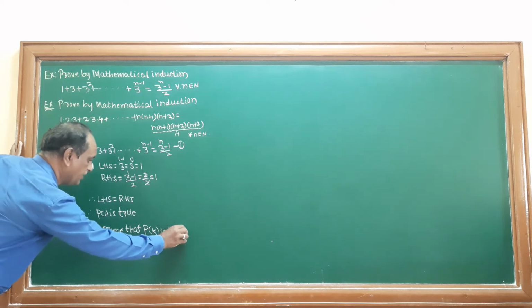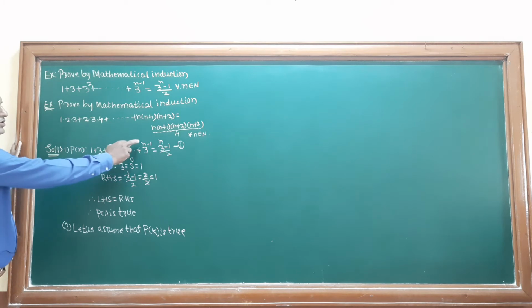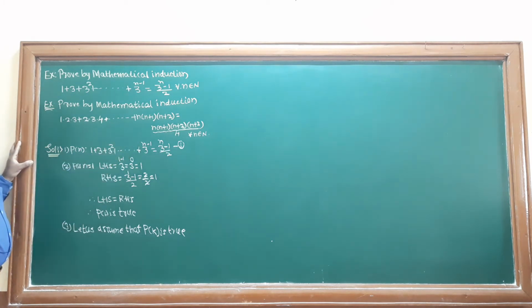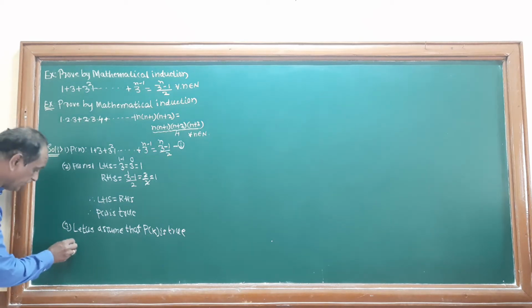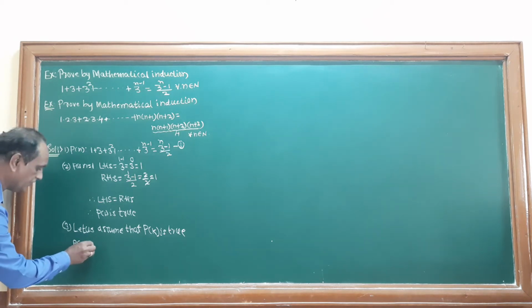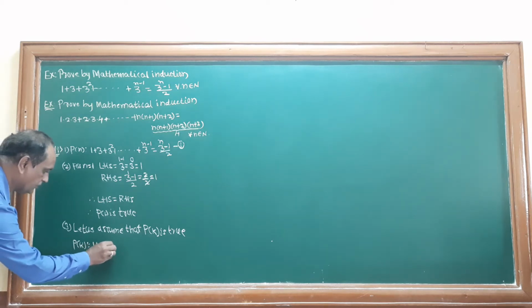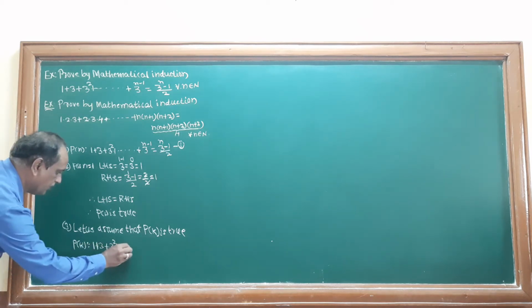Let us assume that P of K is true. It means that in this equation number 1, instead of n, keep writing K. Therefore, P of K is equal to, put dotted lines, 1, then plus 3, then plus 3 square, and so on.